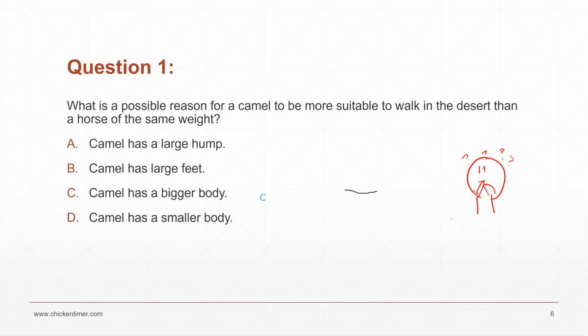Answer C. Why C? You can type or you can say it out. Because that's a potential structured question that they may ask you.